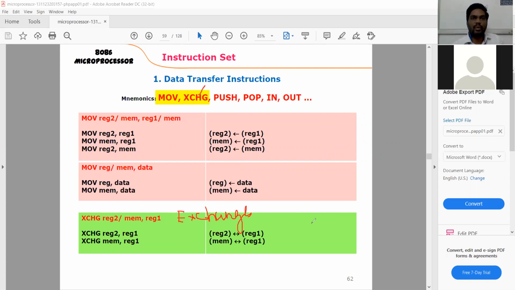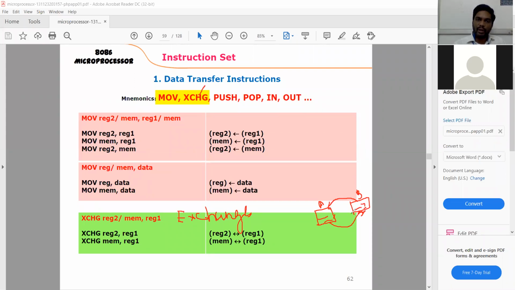Exchanging means both should have containers. Let us say there are two containers, A and B, and both should have something inside them. Then only the exchanging is possible. The contents of B will be transferred to A and the contents of A will be transferred to B. This is called exchange.